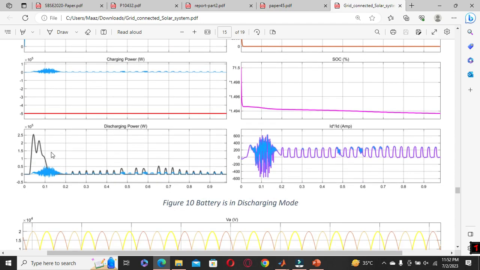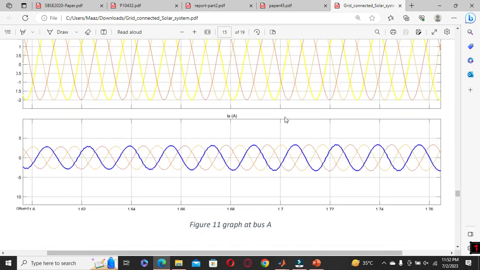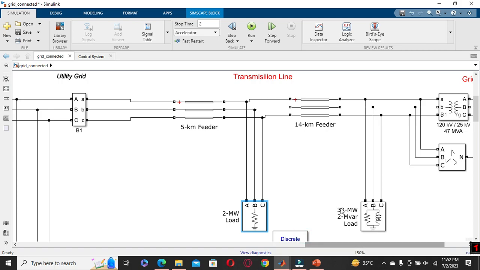So also here you can see the discharging power. Charging power is approximately 0 because the battery is in discharging state. Similarly, the voltage of the V bus. And this is the graph of the bus A system. This is the bus A, which is attached here.